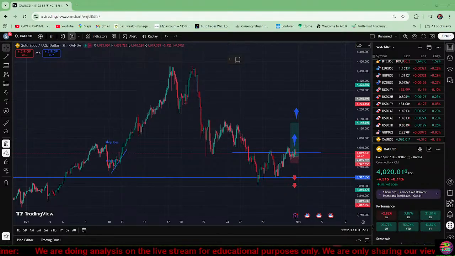Pip is the points in percentage on how you are going to measure the currency pair when it goes up or when it goes down. So PIP is an abbreviation for point in percentage. This is basically how you're going to measure the points in percentage if the currency is going up or if the currency is going down.